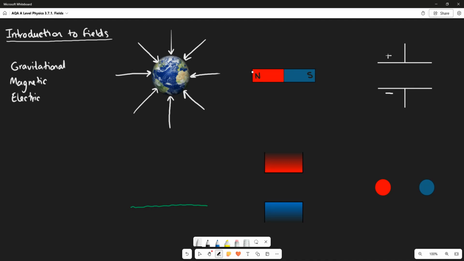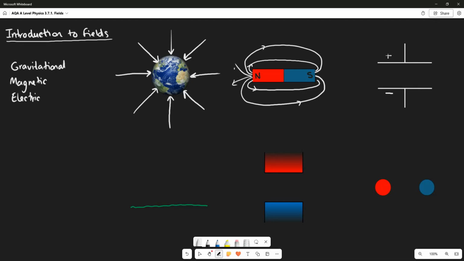For a magnetic field, notice that these lines do not cross. And an electric field from positive to negative.